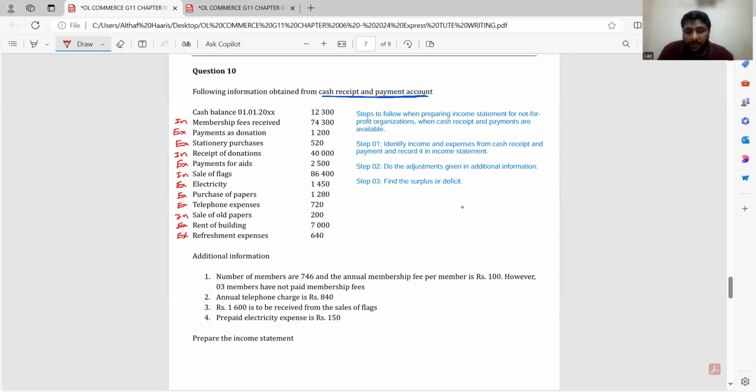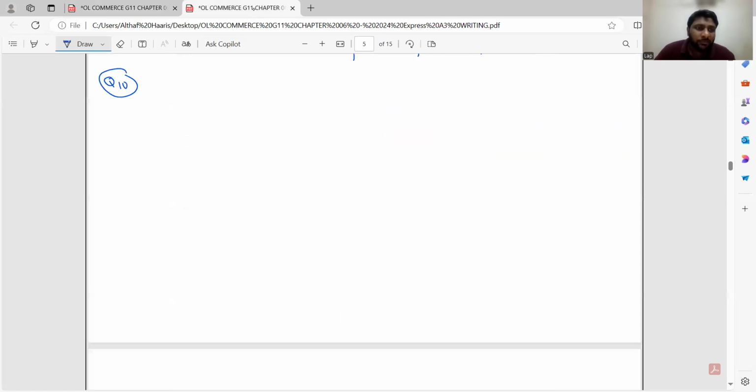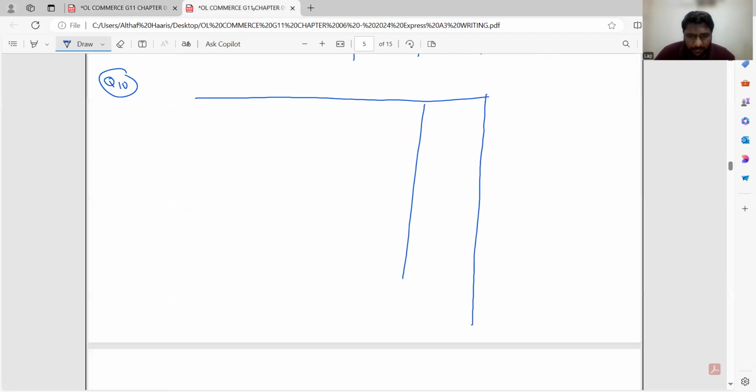So once you identify that, you have to put it to the income statement. Start preparing the income statement now. Income statement.